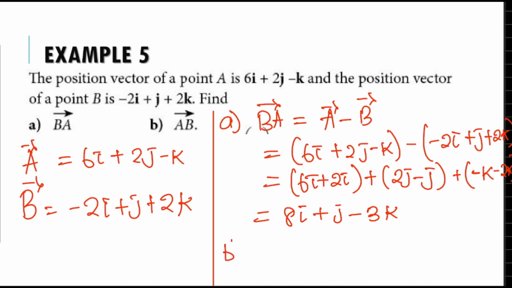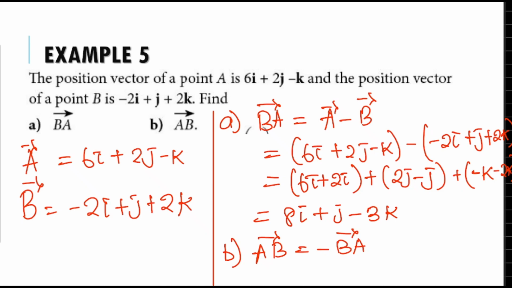And then of course the other one, AB, will also be equal to minus BA. Okay, so we can use that to compute our answer.